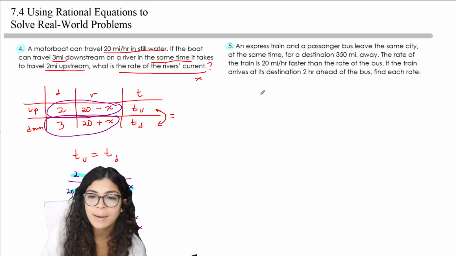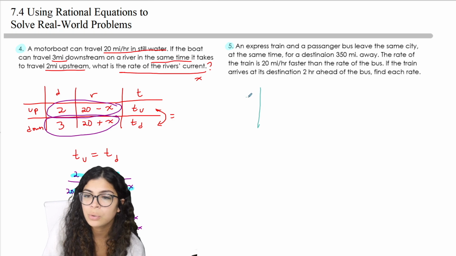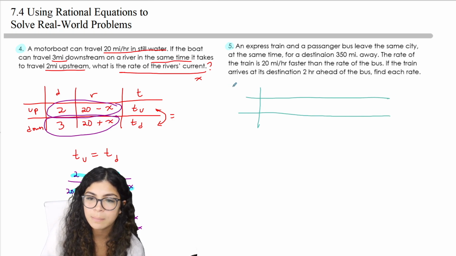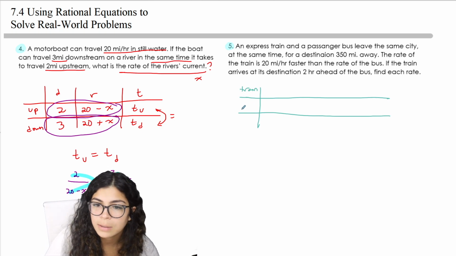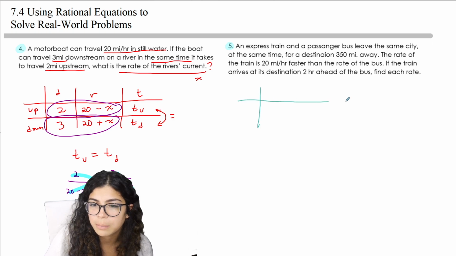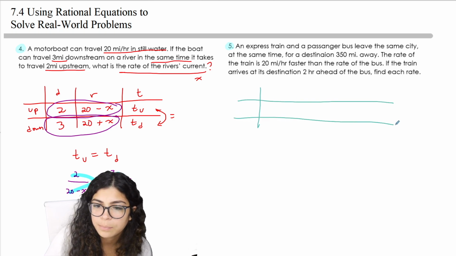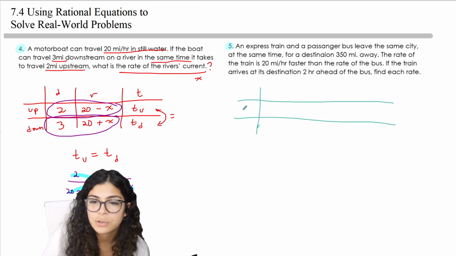Okay, so now we don't have upstream and downstream. We have two things working, right? We have the train, and we have the bus, okay?